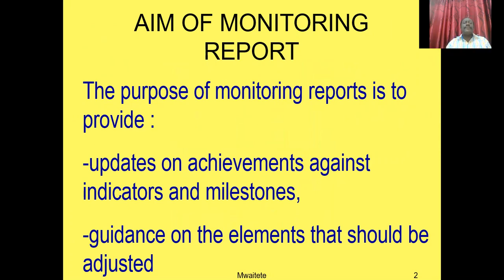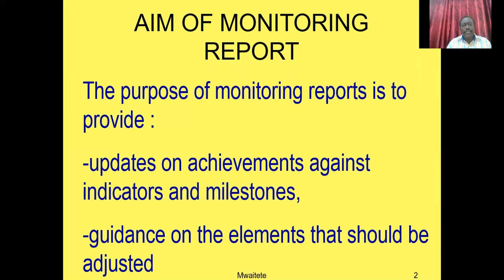When you look at the window right there, the aim of the monitoring report is to provide updates on achievements against indicators and milestones. It's about guidance on the elements that should be adjusted.